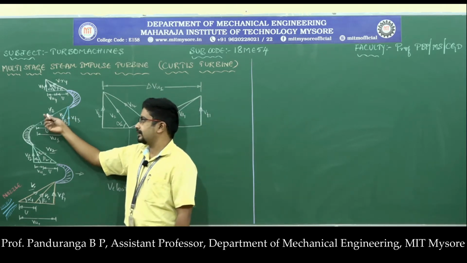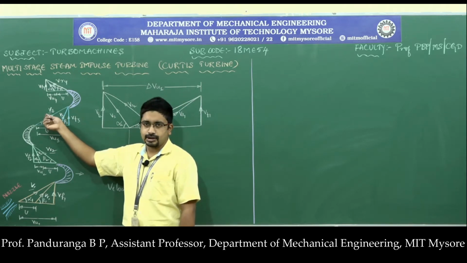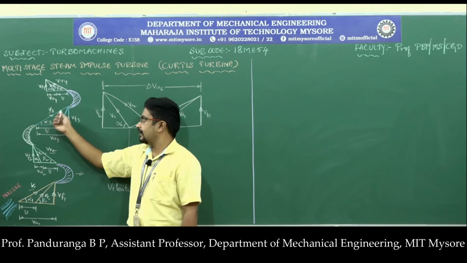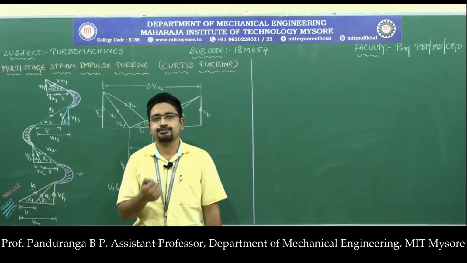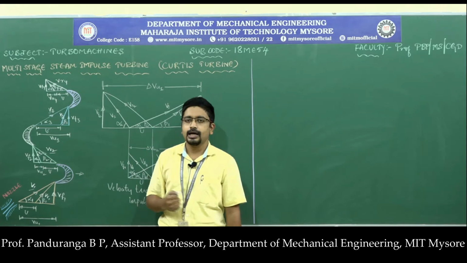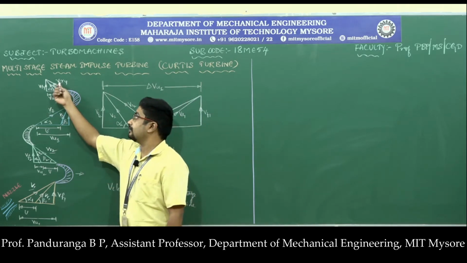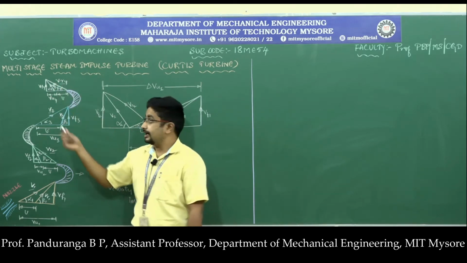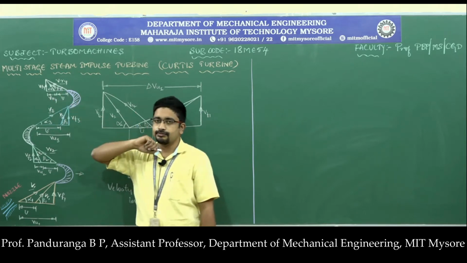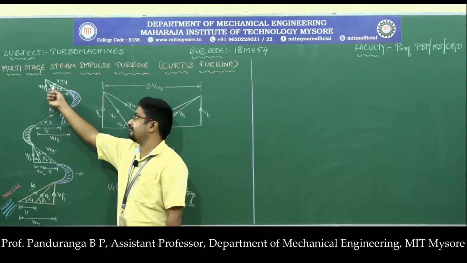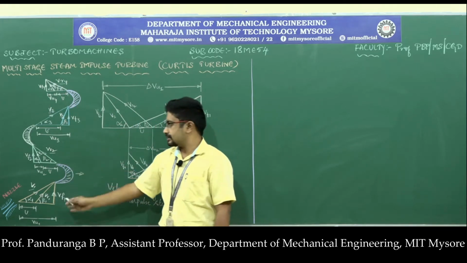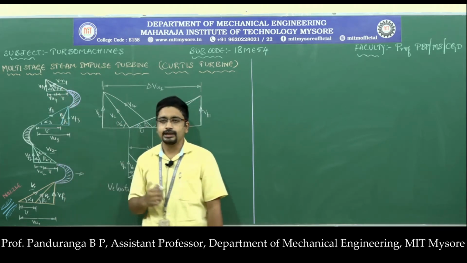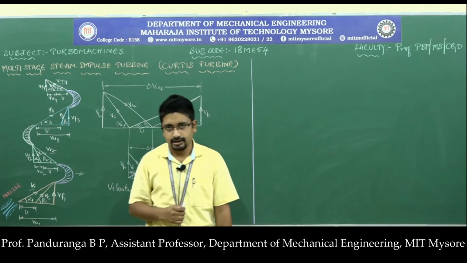Now the steam is entering with absolute velocity V3 and angle alpha 3, and as the moving blade absorbs the remaining kinetic energy, the steam comes out with relative velocity Vr4 at an angle beta 4, and the absolute velocity will be V4 at an angle of alpha 4. Okay, that is the motion of steam through the two stages of the Curtis turbine.